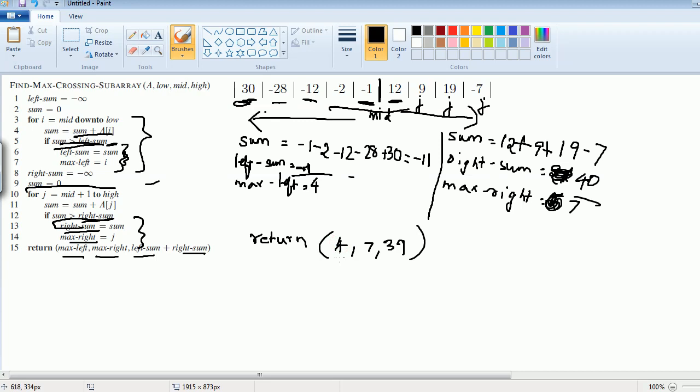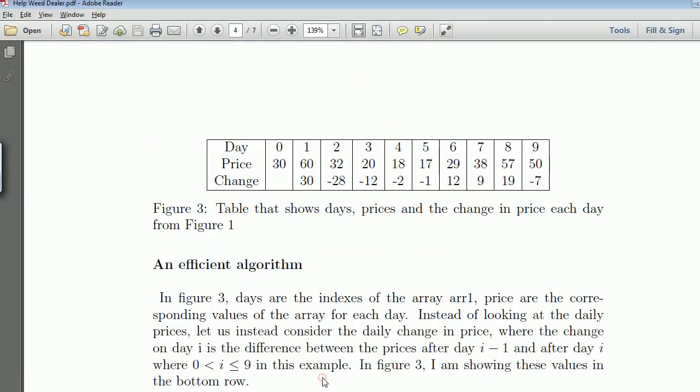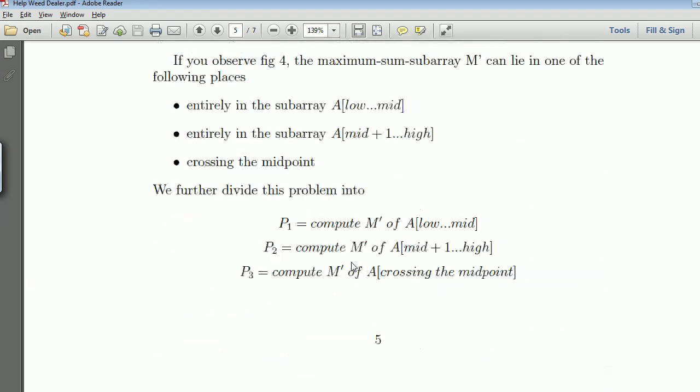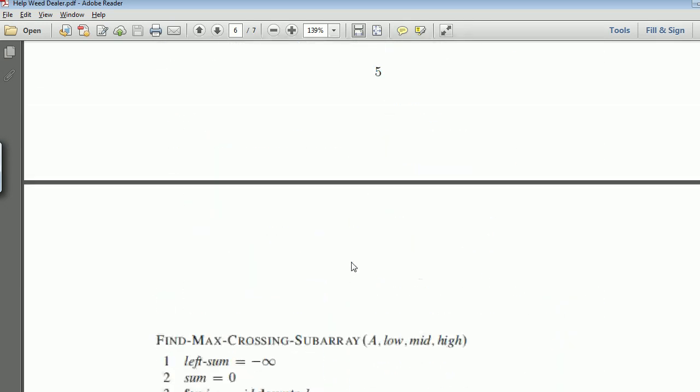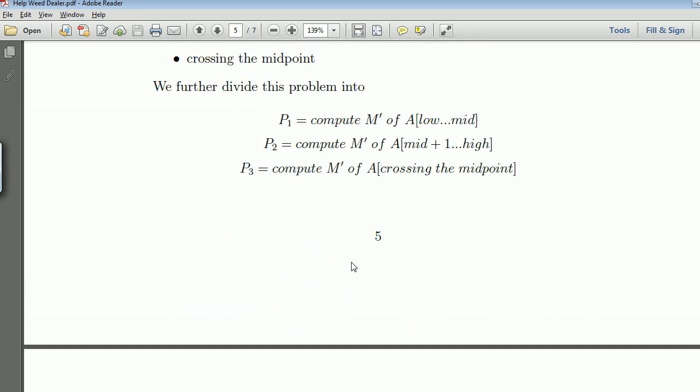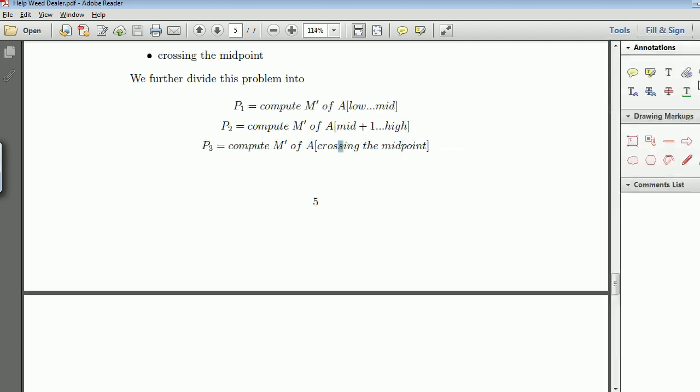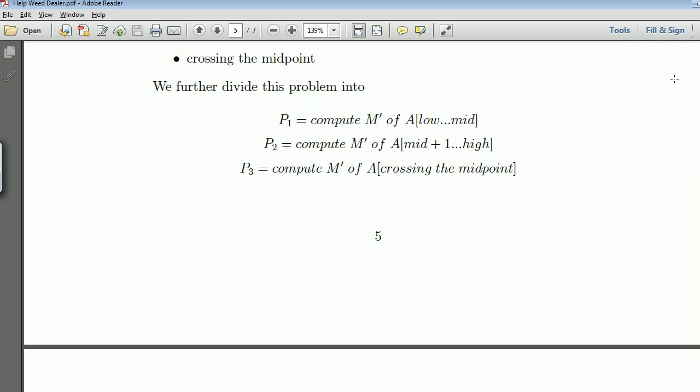Okay, now if we go back to solving this problem, we have broken down our problem into 3 problems. Now we have solved this problem.